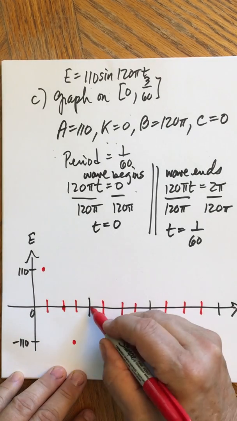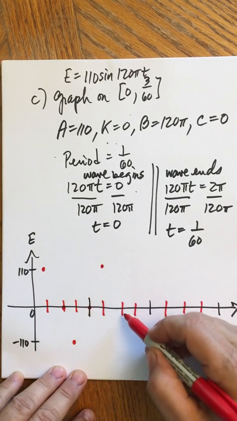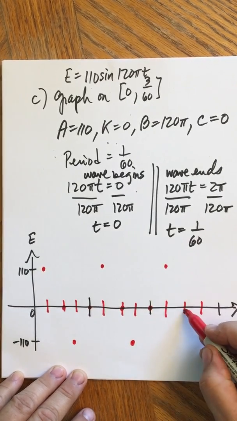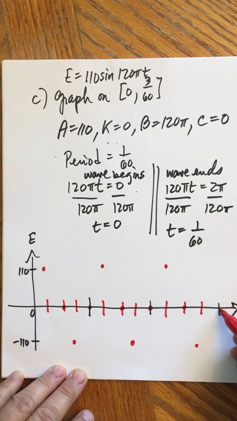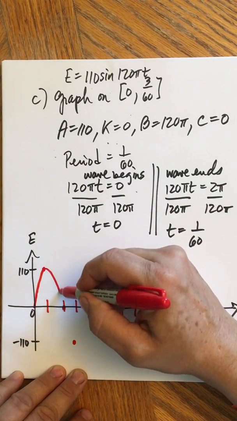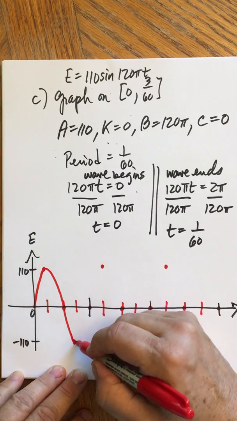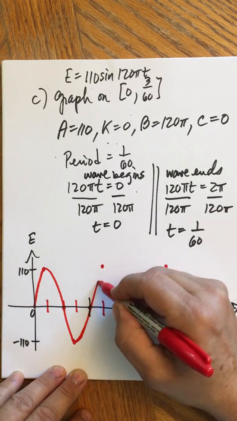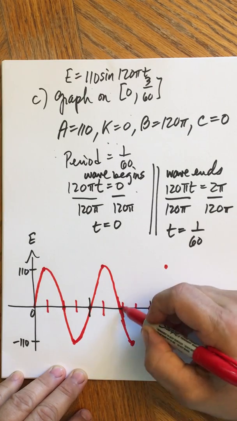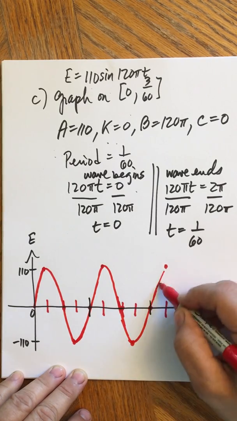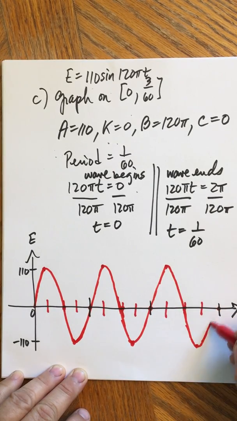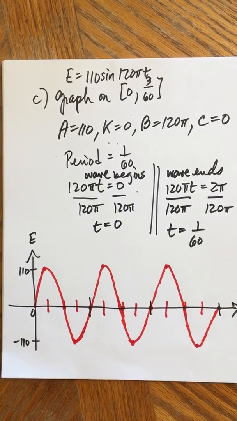It's going to go here, here, and then it's going to go back up, come here, here, here, and so on and so forth. It just keeps repeating itself. That's the whole idea. It's very cyclical. That's why we use trig functions. So here we go, like that. Oop, missed it, but it should have gone through right there. And there you go. That's what you would get.